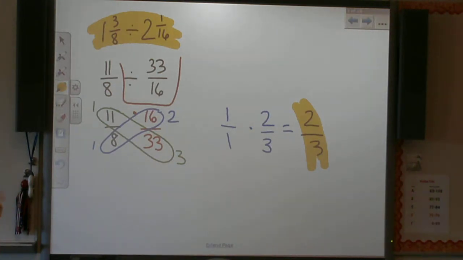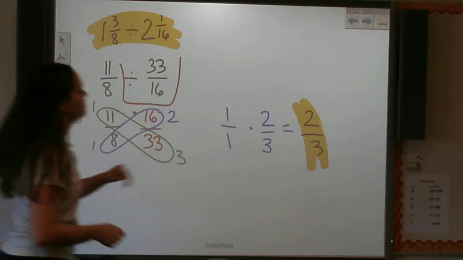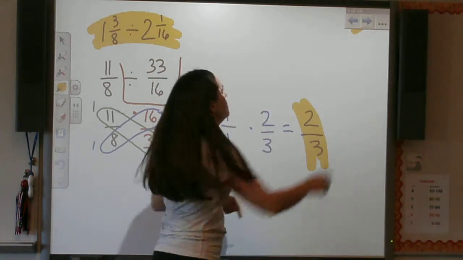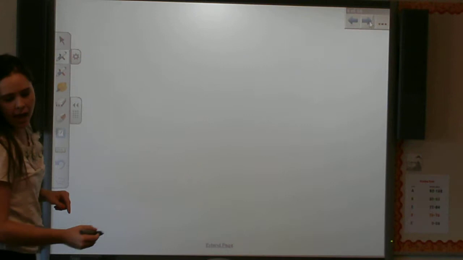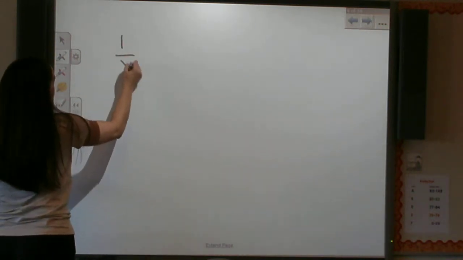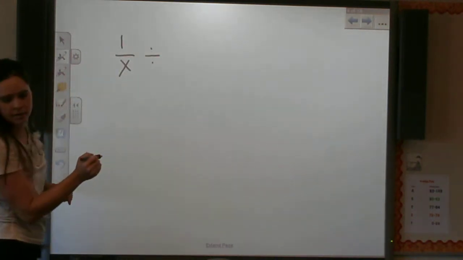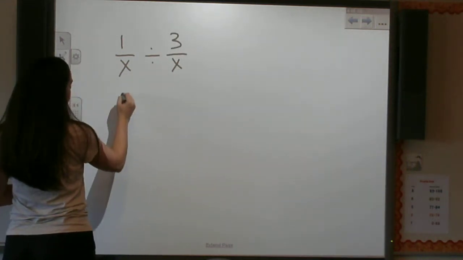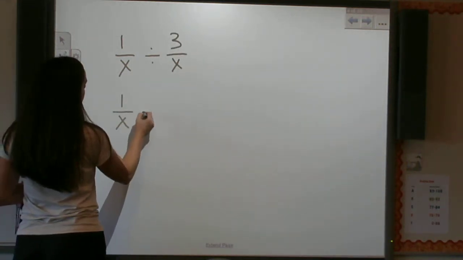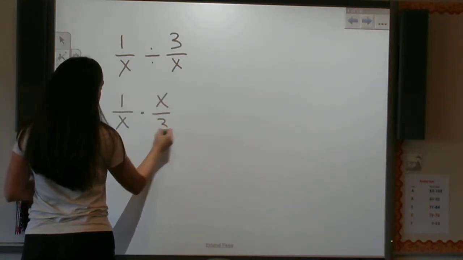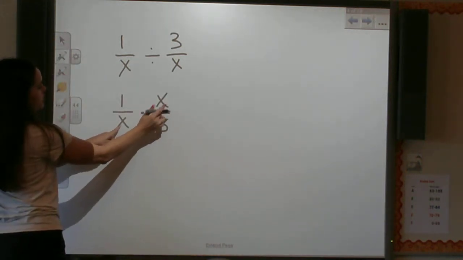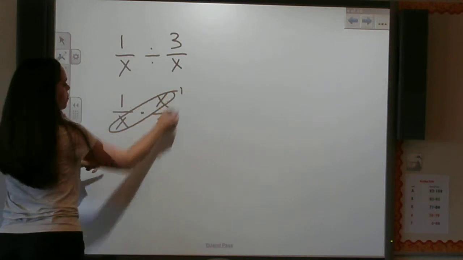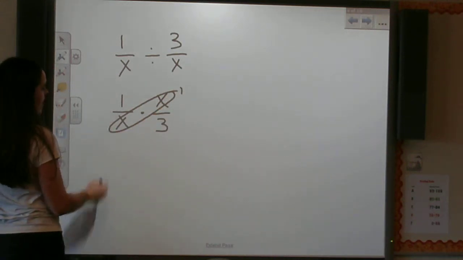Okay? Let's do an example with a variable. All right, I have 1 over x divided by 3 over x. All right, I'm going to flip 3 over x and multiply. Okay, this can be reduced. x will go into x one time, and x will go into x one time.